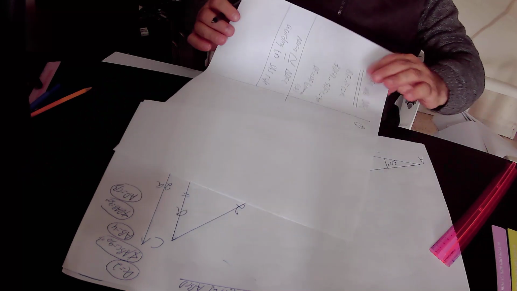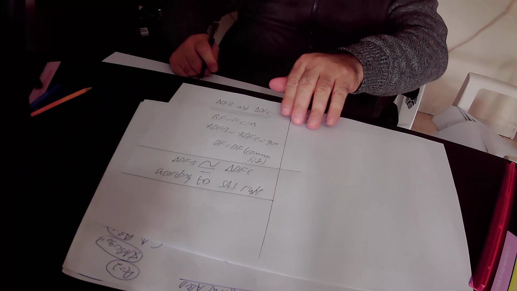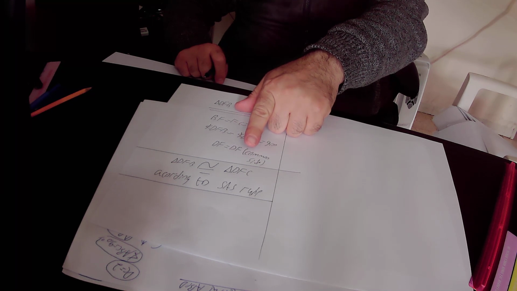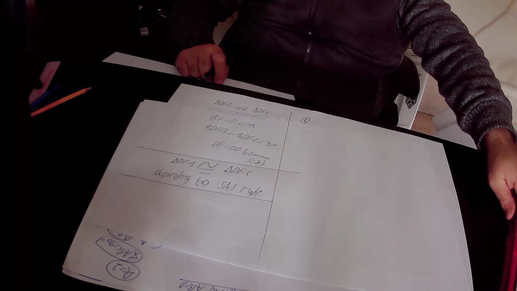I'll repeat again. We proved that triangle DFB is congruent to triangle DFC according to the side angle side rule.